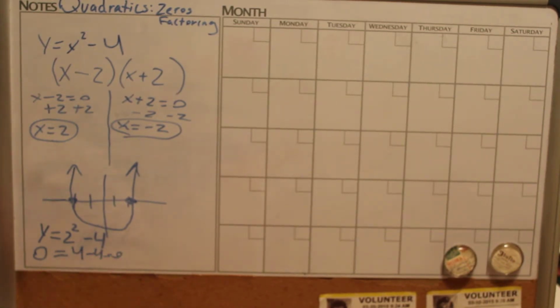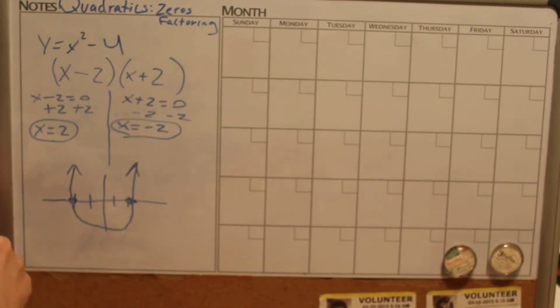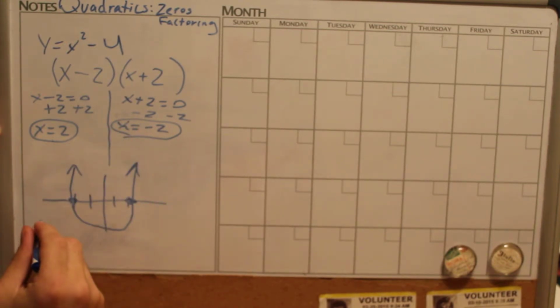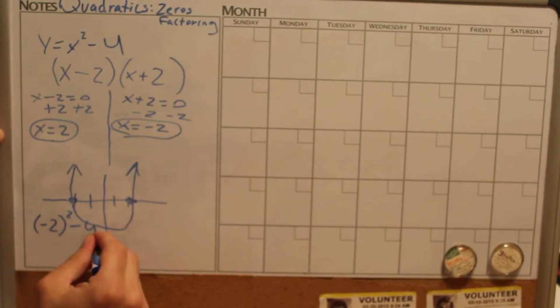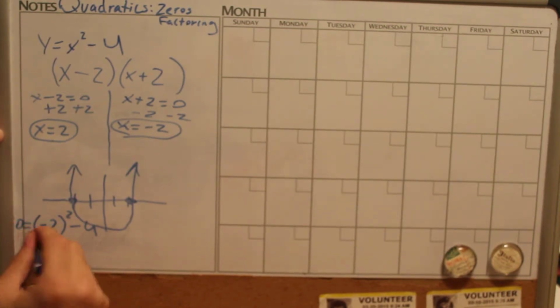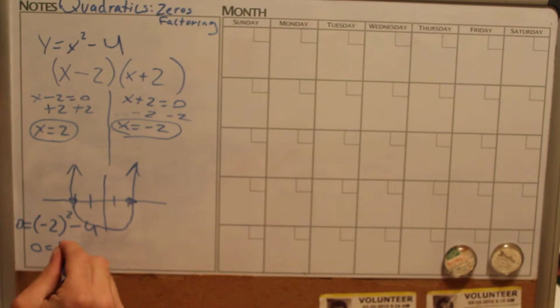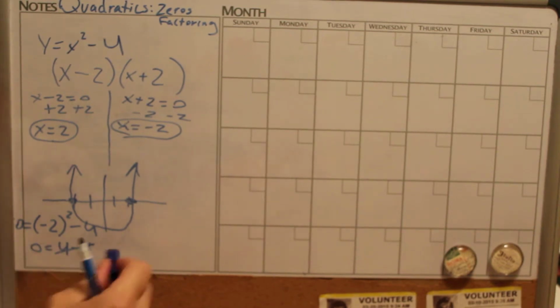And then vice versa, if you wanted to check it again with the negative 2, remember, put the parentheses, negative 2 squared minus 4, so set it equal to 0, and negative squared is always going to give you a positive, so 0 equals 4 minus 4, and that cancels out to be 0. So you can see what the x-intercepts are.